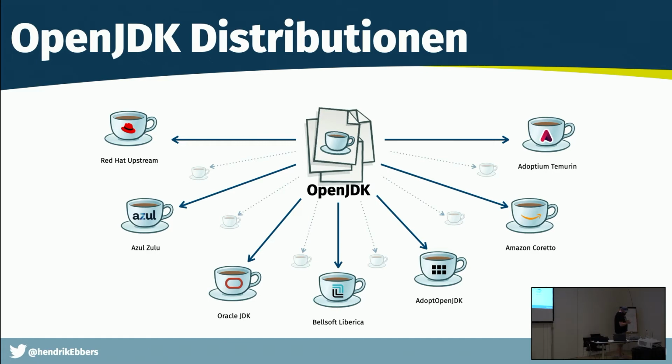Some are bigger in usage and download count, but I think these are the really huge ones that are used quite often. I can tell some numbers later if you want regarding Adoptium and Adopt OpenJDK because we have the download count online, so it's visible for everybody. But in general, those are all the distributions that are out there on the market.